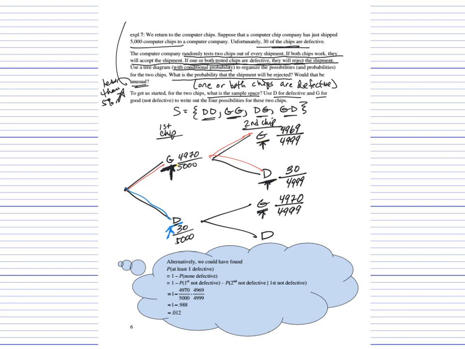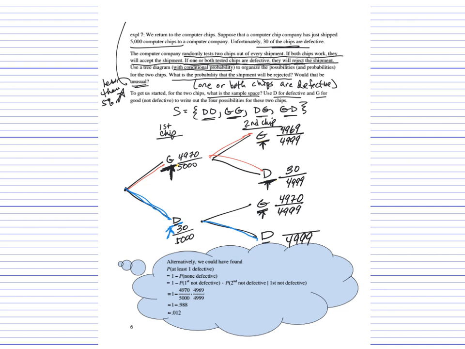And then let's look at this last bit. So assuming the first one was defective, what's the probability that the second is defective as well? Okay, well, number of possibilities, still 4,999, because again, the first chip has been taken out, so there's one less than 5,000 chips in the box at the time we pick the second one.